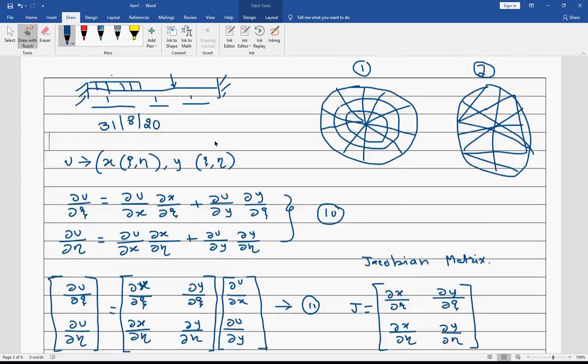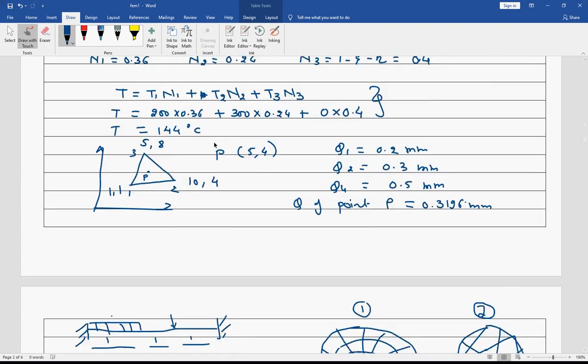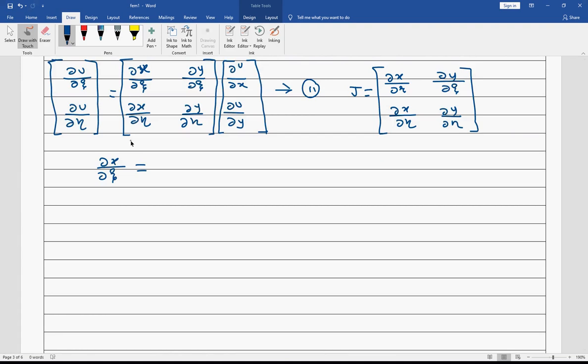From equation 8 I get this as x13. Similarly delta y by delta xi.